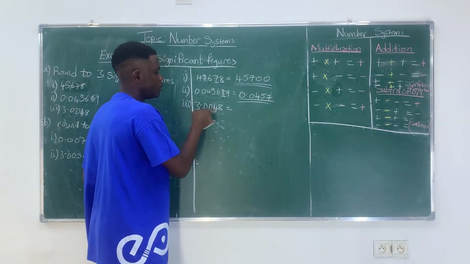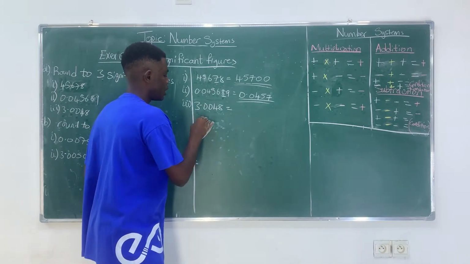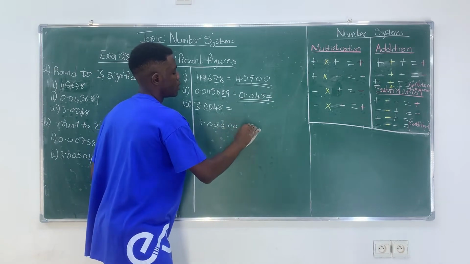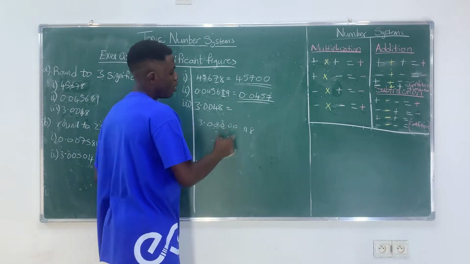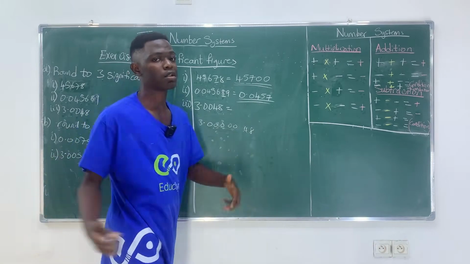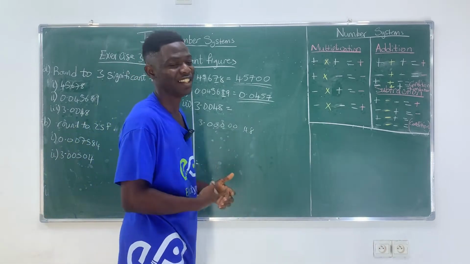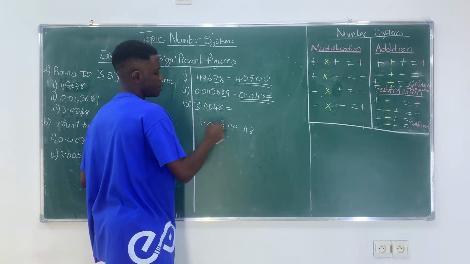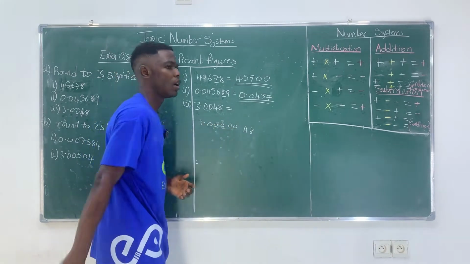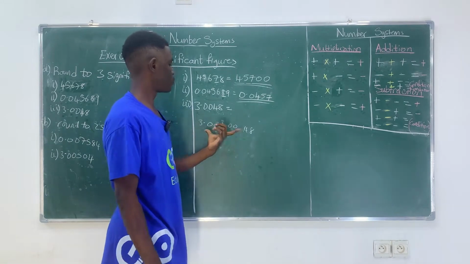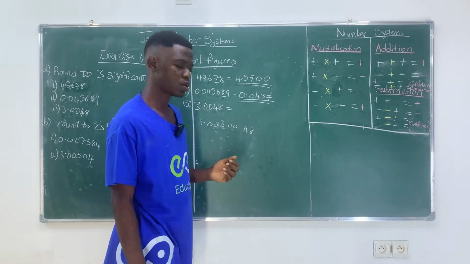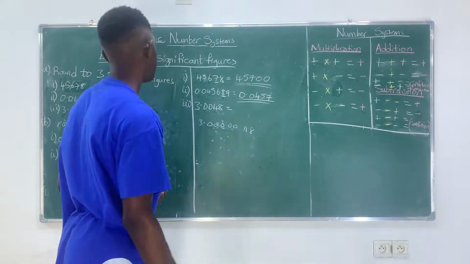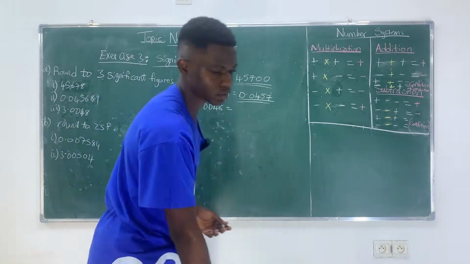These zeros are significant numbers, because all of these zeros are in between non-zero digits, so they are significant digits or figures.